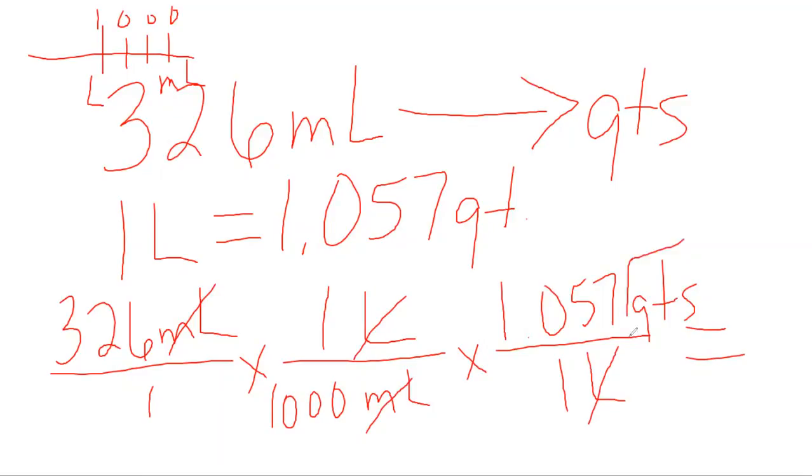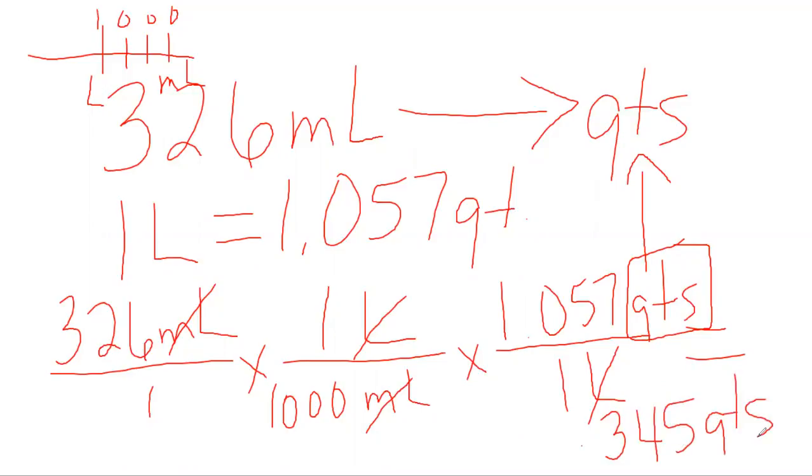We're left with quarts, because that's what we need to find. So if we're left with those, that's perfect. So we take 326 times 1 times 1.057 divided by 1,000, and what do we end up with? We should end up with 0.345 quarts.